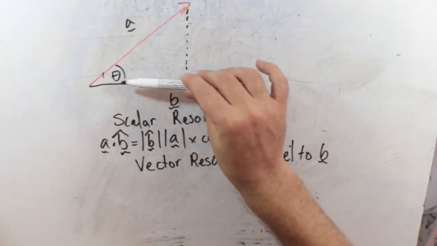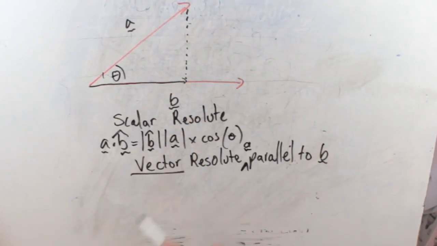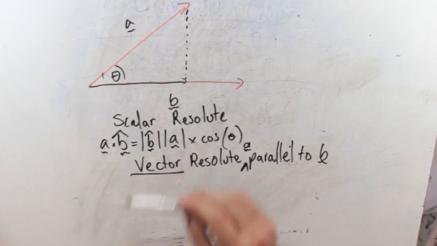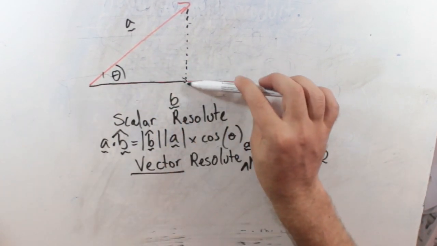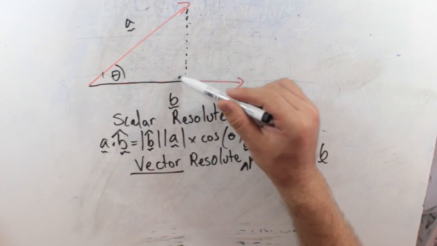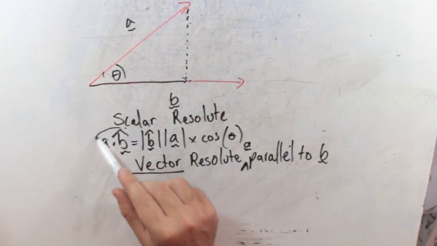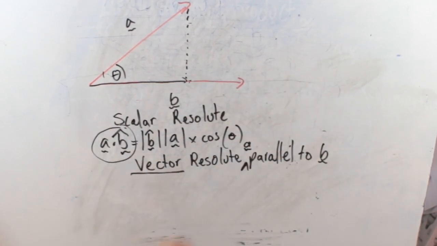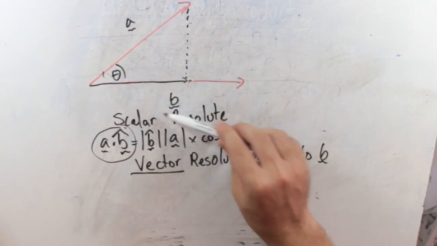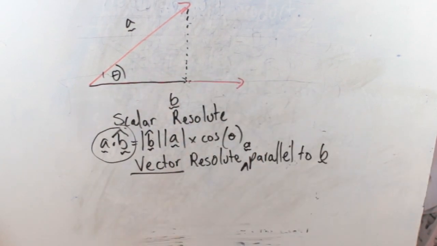So we're resolving this vector in this direction, but now we want a vector as the answer. So to get this vector here, I know how big it is because I've already calculated it, and now I just multiply it by the unit vector B, and that'll give me a vector in that direction.